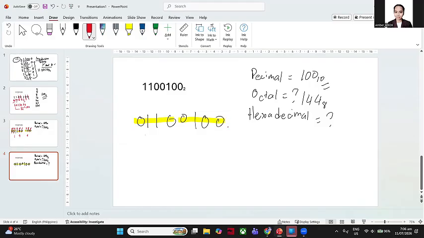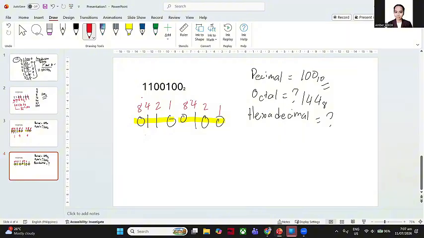Now we have 1, 2, 4, 8, because it is divisible from 16, which is 8. 8 times 2 is 16. So we have 1, 2, 4, 8.